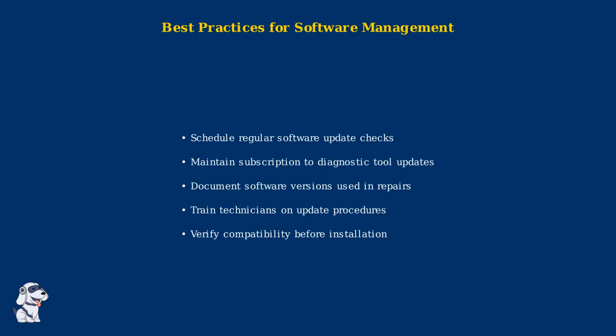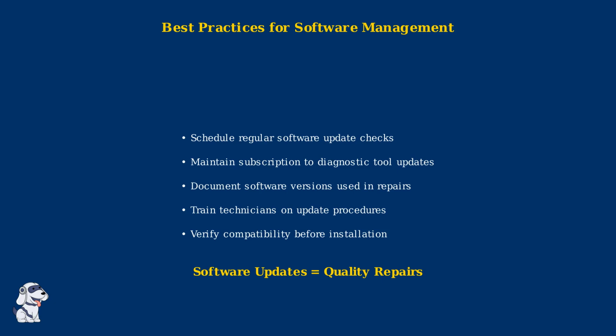This includes scheduling regular update checks, maintaining current subscriptions, and ensuring all technicians are trained on proper update procedures. Remember that software updates and reprogramming are not just maintenance tasks, but essential tools for delivering quality transmission repairs.